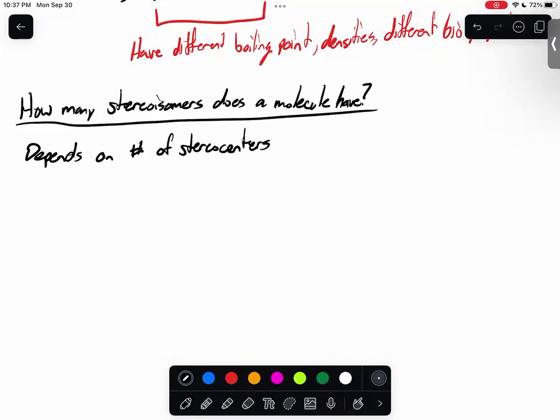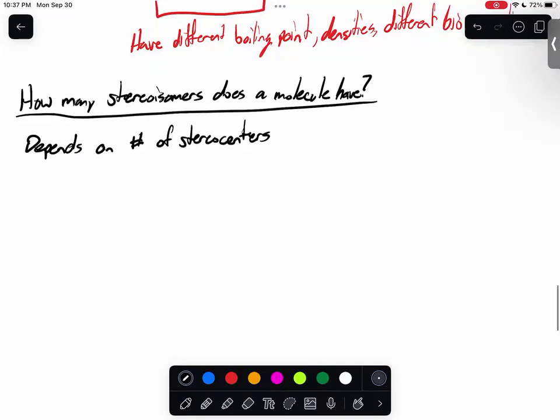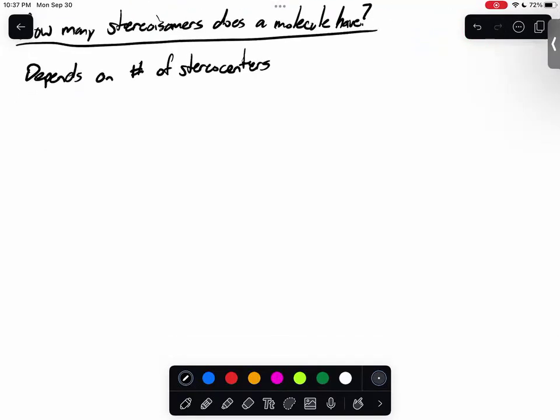Okay? So let's take a look back at a molecule that we looked at many, many times before. It has come back once again. When we looked at this molecule right here, we asked how many stereoisomers exist of this. Now, keep in mind, we do count this as one of the stereoisomers.